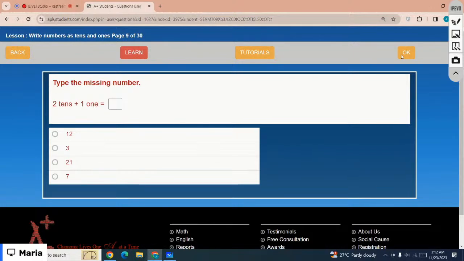Yes, it is 21, right? The digit they make is 21.